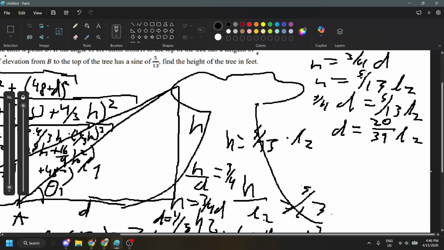What if we change this to big D minus 48 is equal to 20 over 39 square root of D squared plus h squared? I think this might be a strat.